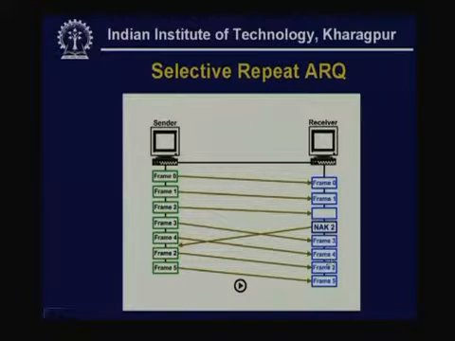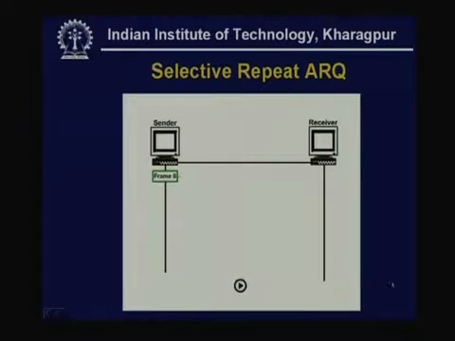And also it must have little more processing capability. So, we find that in case of selective repeat, with the help of more powerful processor capability and also more number of buffers in the receiving end, the efficiency can be improved.